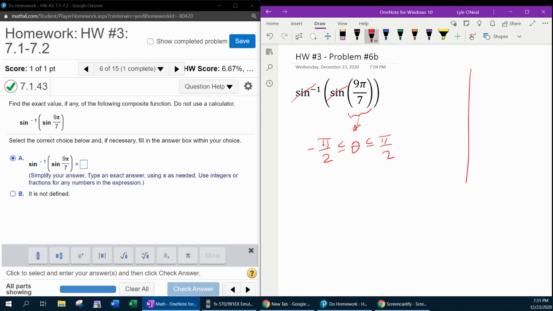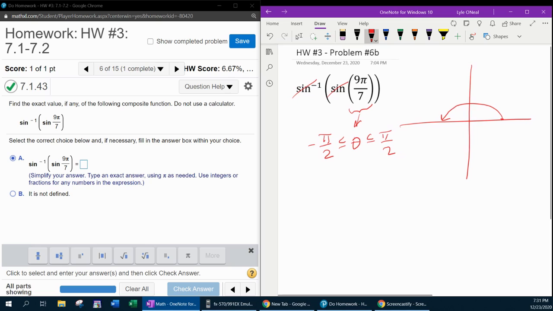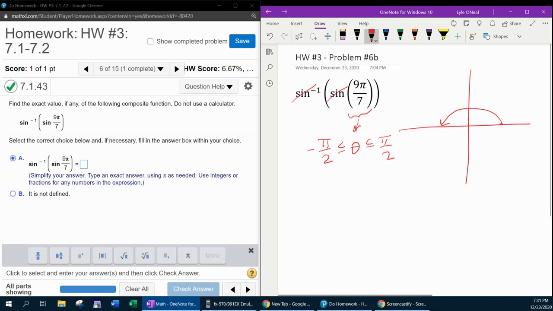Here's why. If we go to the coordinate system, starting at 0 degrees, if I go counterclockwise, because positive angles go counterclockwise, all the way around to pi, that's 180 degrees.